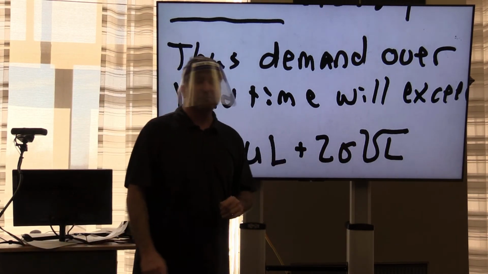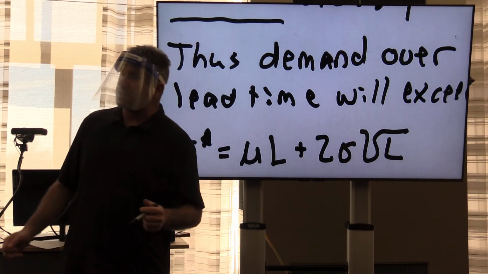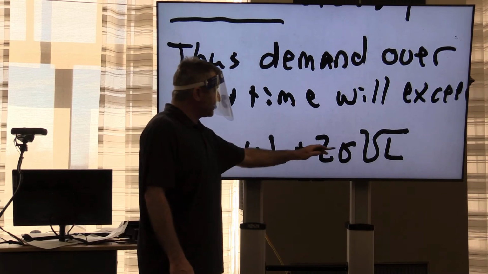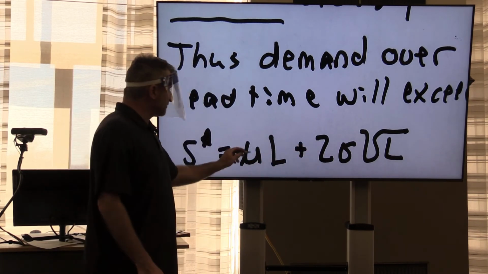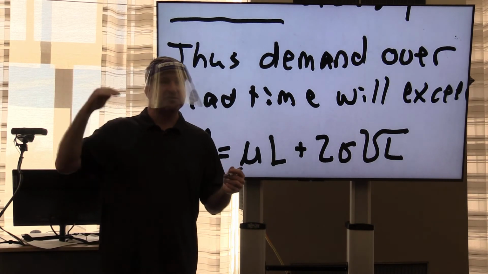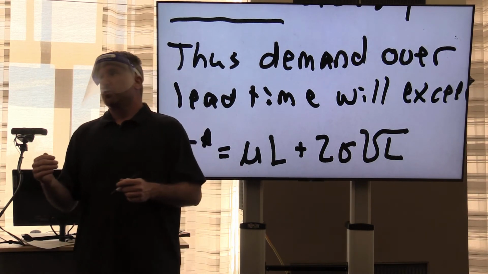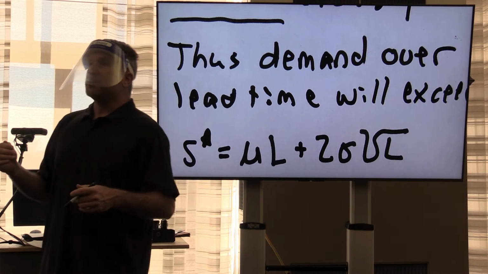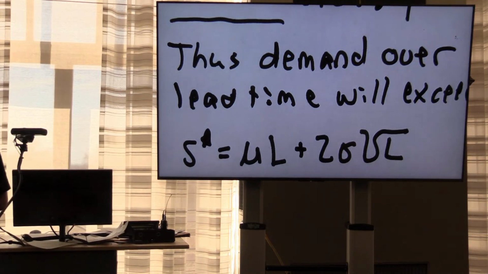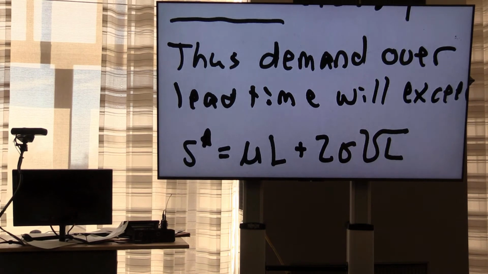Sigma times square root of L is the standard deviation of demand over lead time. So if we take that standard deviation, add 2 of them to the mean, so 2 standard deviations above the mean, then our needs over that lead time will only see that value 2.5% of the time.